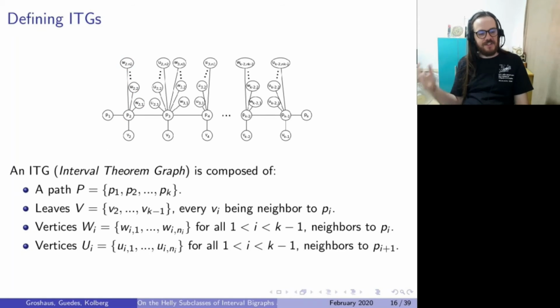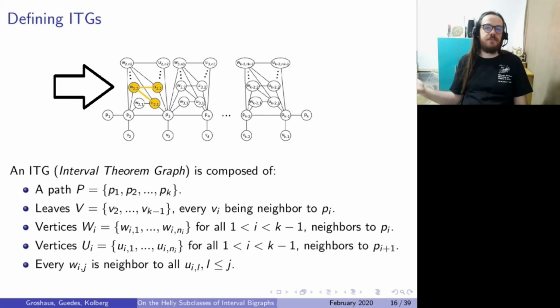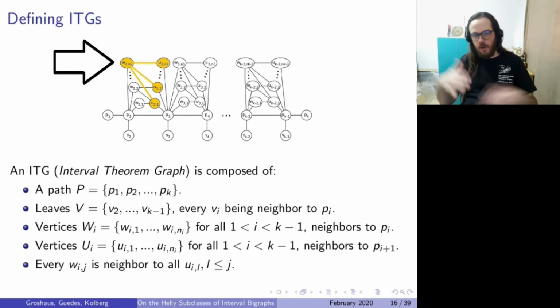We then add vertices Ui, neighbors to Pi+1, as you can see P4 is neighbor to U31, U32, and so on. And then we finally connect the W's and U's in the following way. Every Wij is neighbor to all Uil for l less than or equal to j. For instance here, in W2, W21 is neighbor only to U21, W22 is neighbor to U22 and U21, and W2,n2 is neighbor to all of U2.